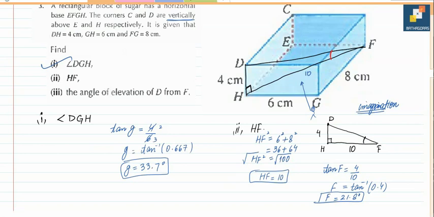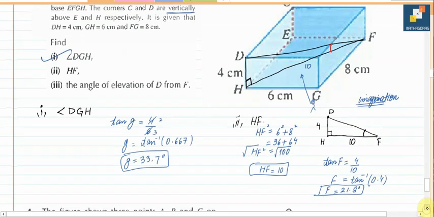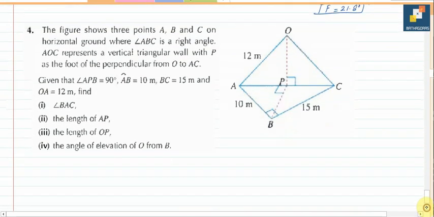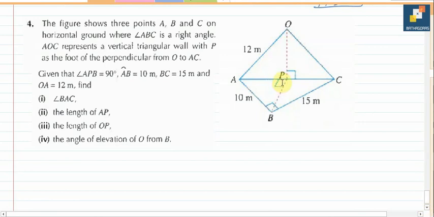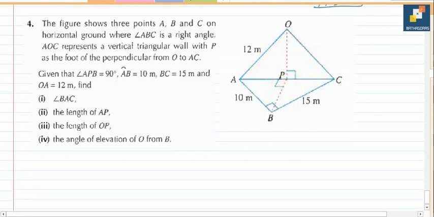Now moving on to the next question, that is question number 4. I again enlarge the figure so that I can explain it better. First read the question. The figure shows 3 points A, B and C on horizontal ground where angle ABC is a right angle.